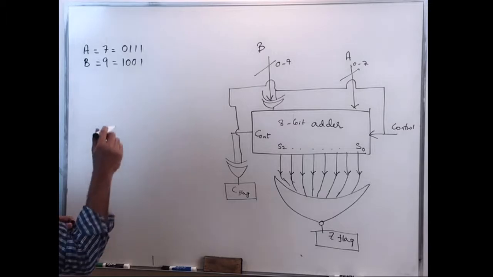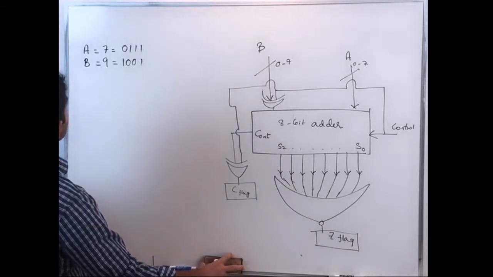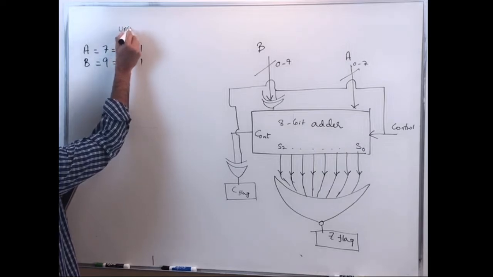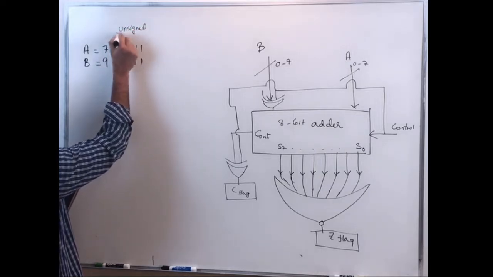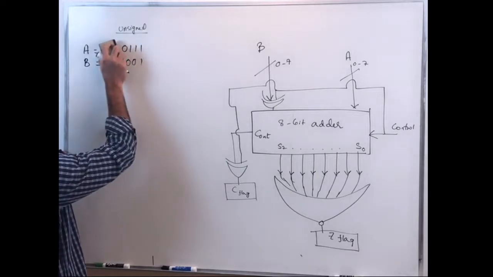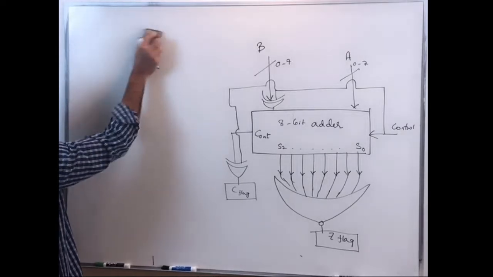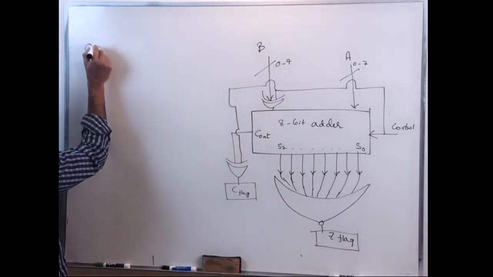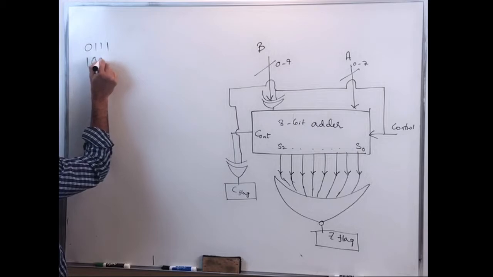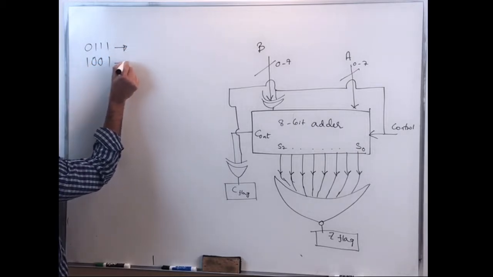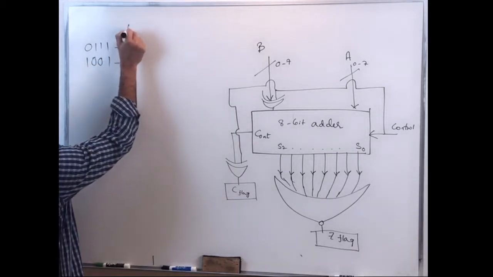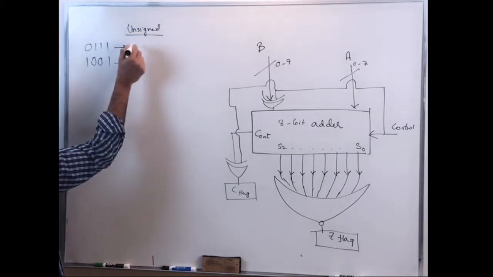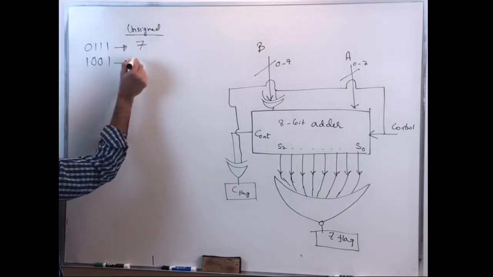Let me do it the other way. If I'm given two numbers, 0111 and 1001, if I consider these numbers as unsigned, then this would correspond to 7, and this would correspond to 9.